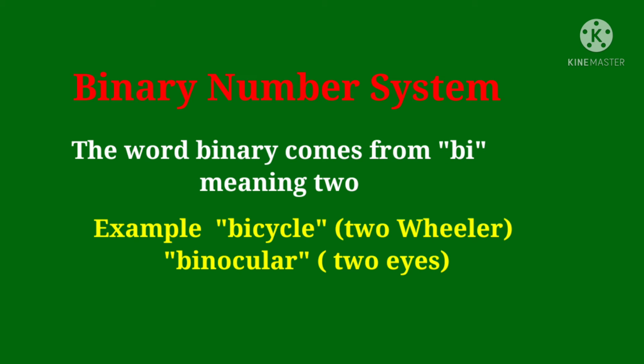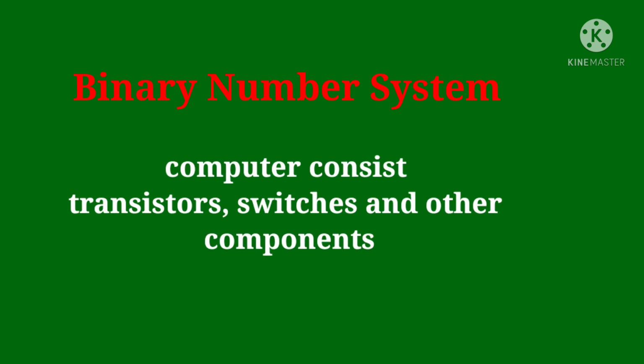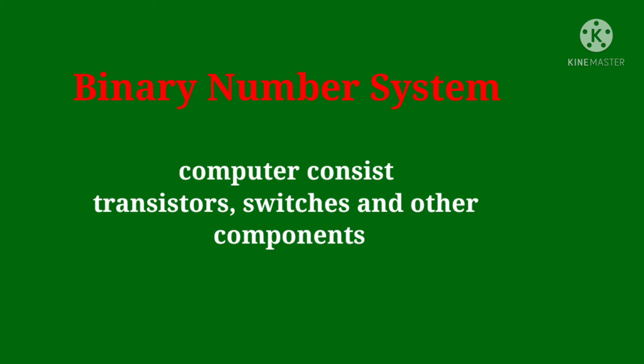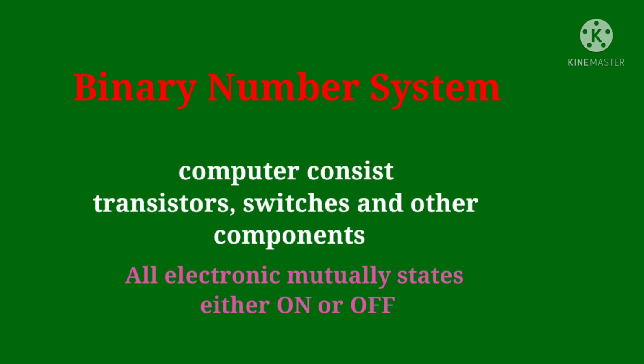And you might be thinking, why are we studying so much about number systems in a computer book? Because we know that the computer doesn't understand the English language. Computers are basically made up of small transistors, switches, and other electronic components, and either they are switched on or off.